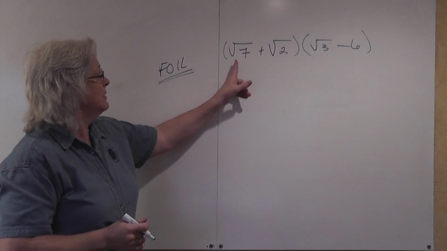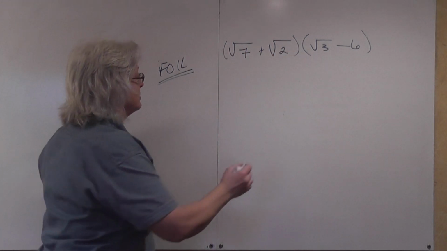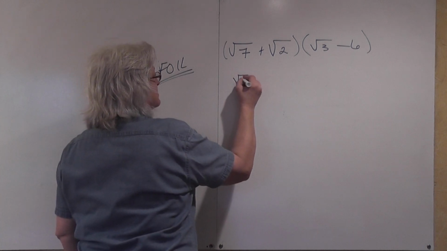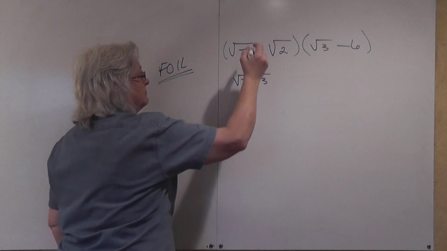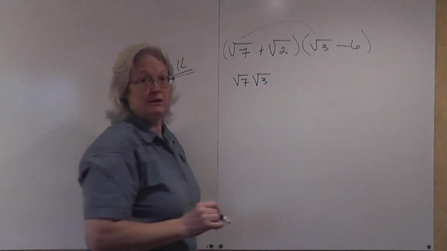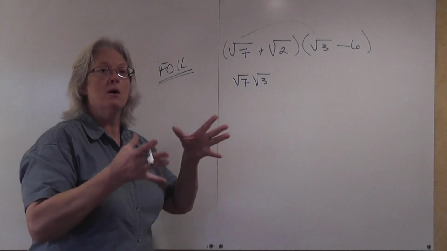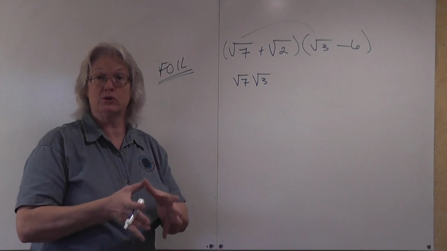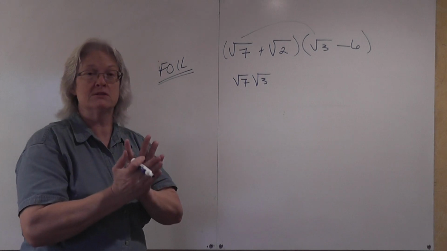The F, we're going to multiply our first terms together. What are our first terms? We have the square root of 7 times the square root of 3. Does everyone see that? Square root of 7 times the square root of 3. Make sure you're showing me all your steps. Make sure you're doing all of the work. Do not try and do these things in your head.